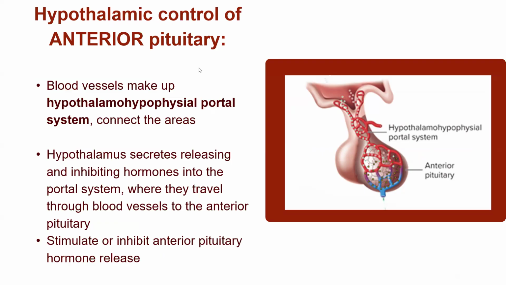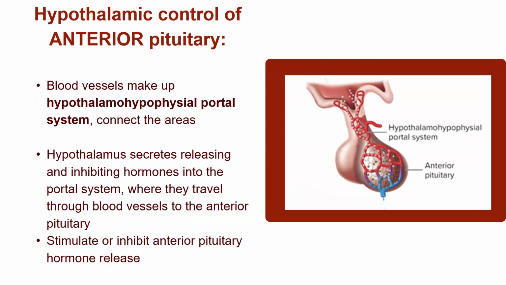And so we have this blood vessel system here, the hypophyseal portal system. Say that one three times fast. This is just the blood flow connection between the hypothalamus and the anterior pituitary gland. Remember, endocrine means that the hormones travel within the bloodstream.